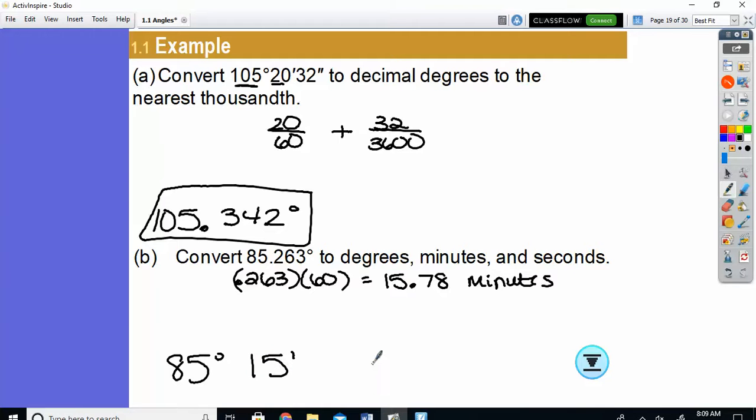So we have 15 total minutes. Then to get your seconds, you take the decimal from that answer and multiply it by 60 again. And we get 46.8. So that's my seconds. Round that to the nearest whole number. So how many seconds? 47 seconds.